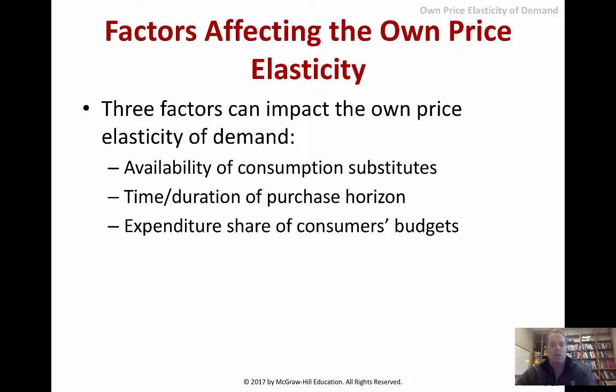Okay. So three general things can affect elasticity. One is, what are the alternatives? When the price goes up, are there many or a good alternative? Then people might quickly jump to that. How long? In the short run, we might think a lot of times there's contracts or just practice.